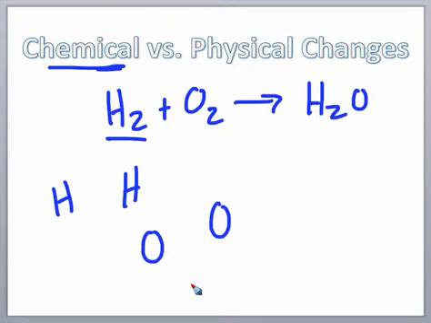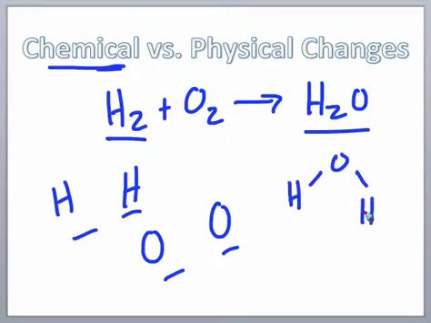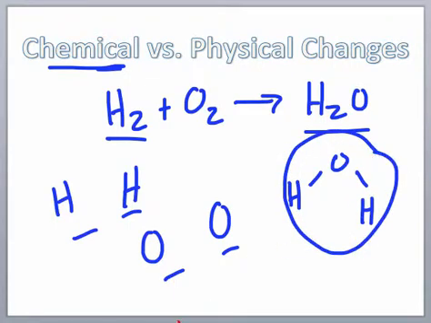And then these substances are going to reform into a new compound. And in this case, we're going to take a hydrogen bonded to an oxygen, put another hydrogen there, so we've got a new water molecule. And we'll talk about what happens to that other oxygen a little bit later.